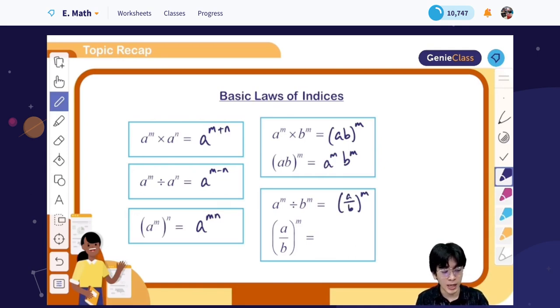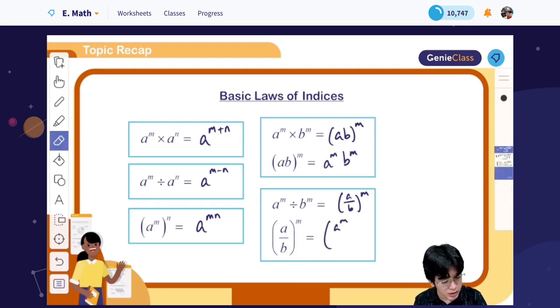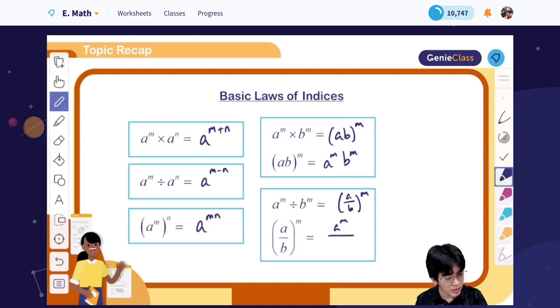I'm applying the m to both the a and the b, so I'll have a^m divided by b^m. I apply the power m to both a and b.